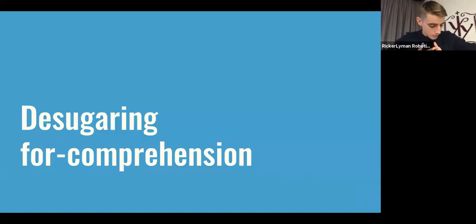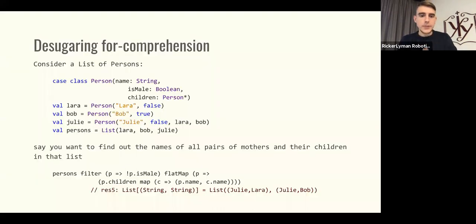Okay, let's switch to more interesting stuff with for comprehension. So consider this example. We have a case class Person, which has a name, which can be female or male, and it has children, which is a list of Person. And what we want to do is basically to find out the names of mothers and their children in the list.